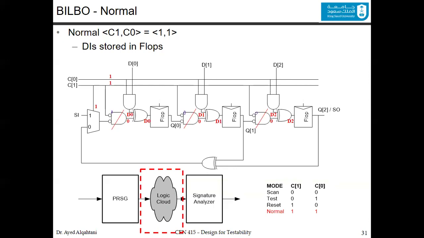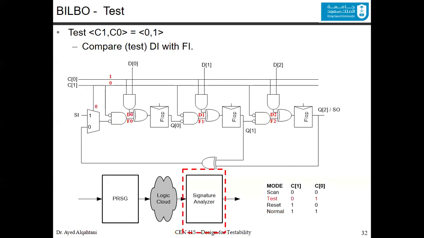Now, after this, the next step is the test mode. In the test mode, what you are doing is the signature analysis, meaning that you are testing the D's with the F's. So you have 1 and 0 here. We know that the 1 will generate the D's for us, and the 0 will generate the F's right there.